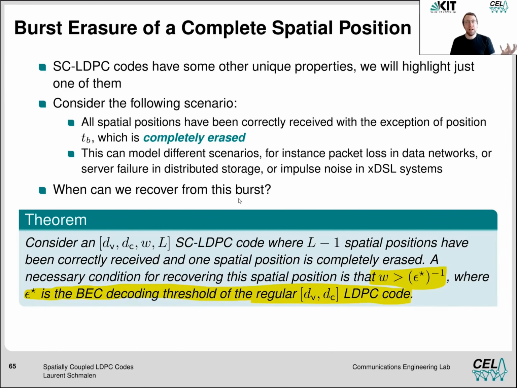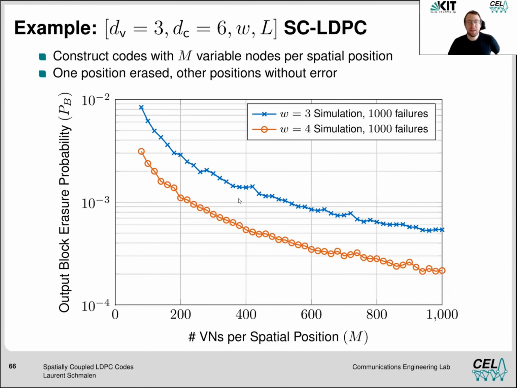So we start with an LDPC code, which has a threshold of epsilon star, and we perform coupling. Now, if we erase one spatial position, then a necessary condition for recovering is that W is larger than 1 over this threshold. This is quite a remarkable, very simple result. So let's take a look.